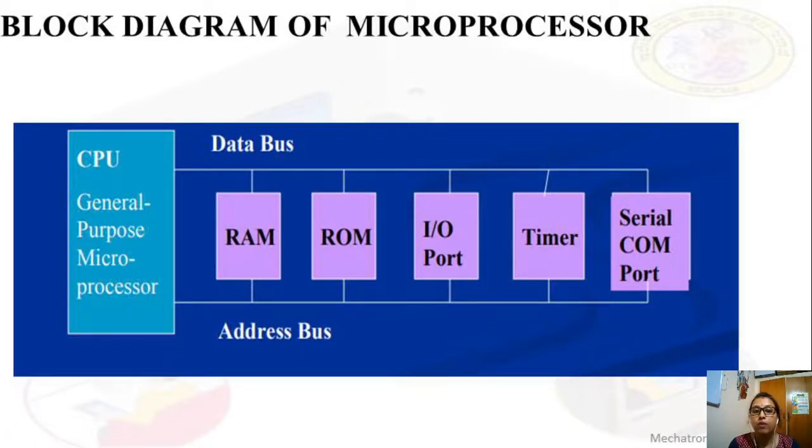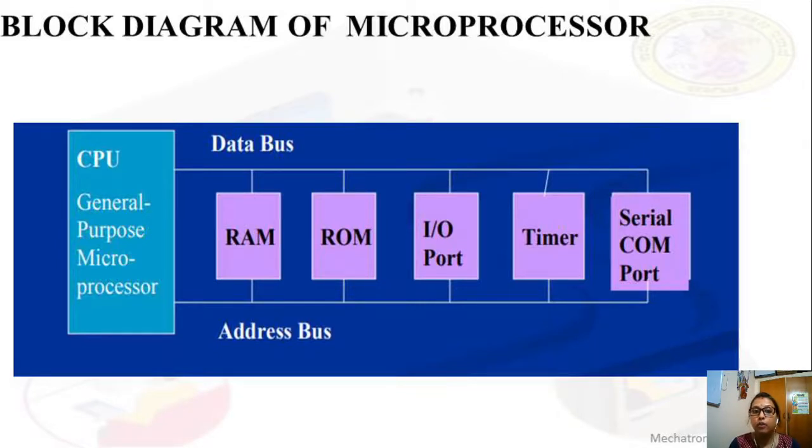Coming to the block diagram of microprocessor, this is the block diagram of microprocessor. Microprocessor means only the CPU will be there. Externally we have to connect RAM, ROM, input-output ports and serial communication or any other external devices.